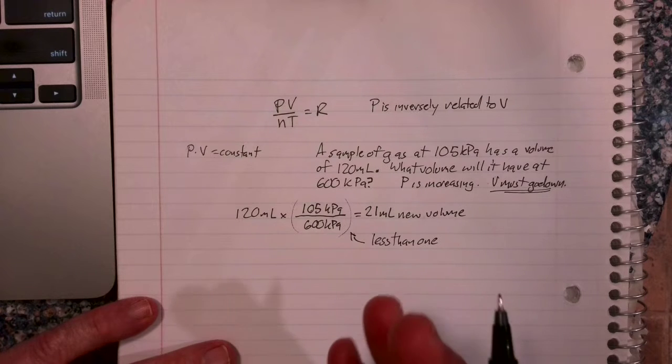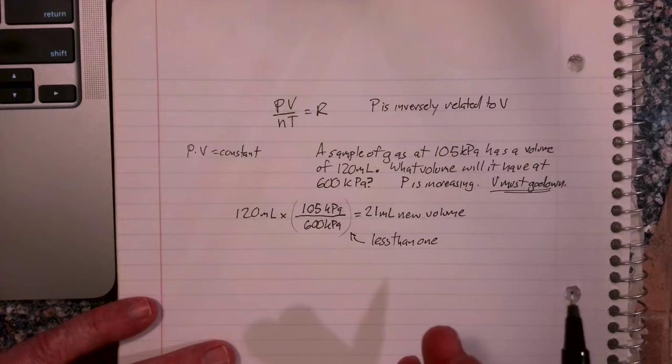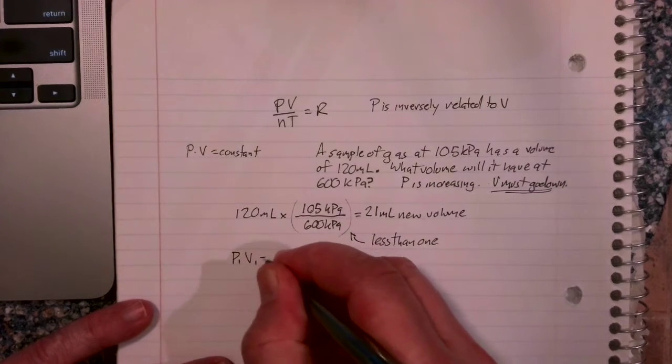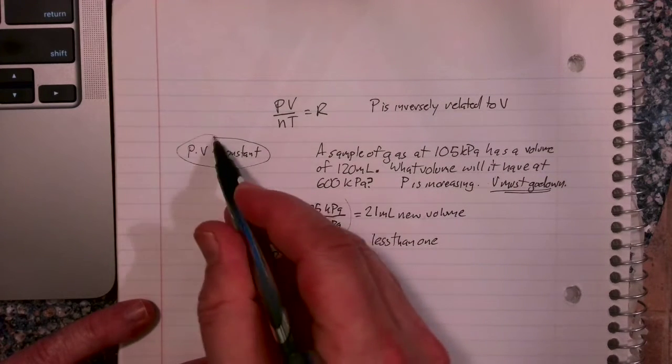So we can solve a lot of these by knowing the direction of the change, even if we don't memorize the specific equations. Now we could also solve this using P1V1 equals P2V2, which we can get right from this same equation.